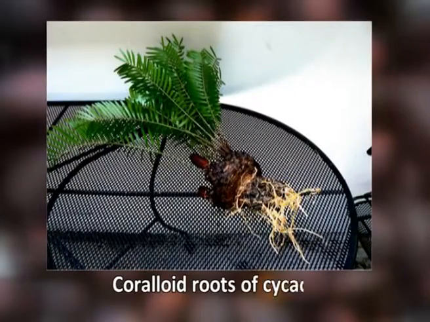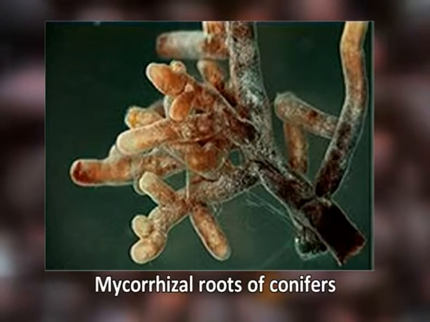Gymnosperms possess taproot, which provides proper anchorage. In many gymnosperms, roots form a symbiotic association with algae, for example, coralloid roots of cycads, or they may form symbiotic association with fungi, for example, mycorrhizal roots of conifers.